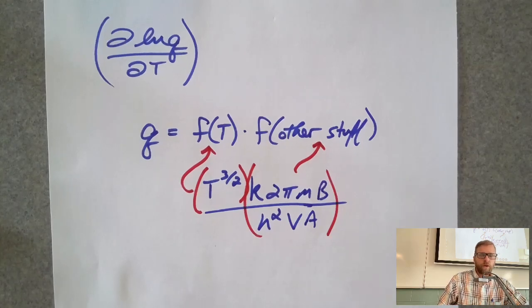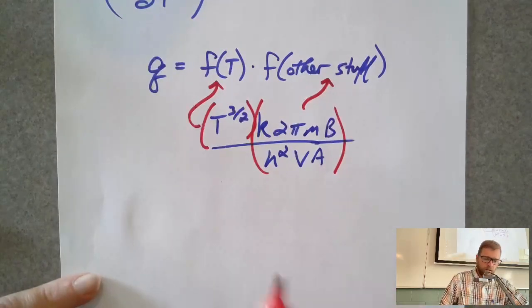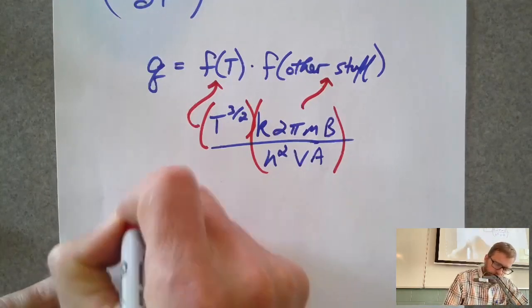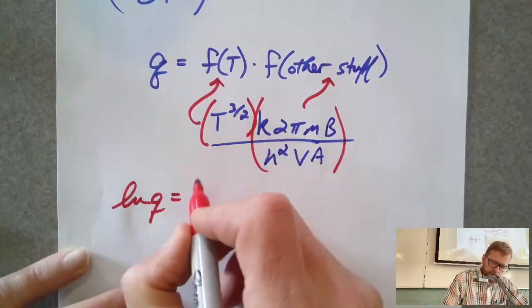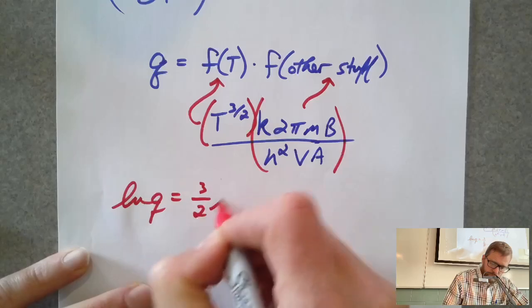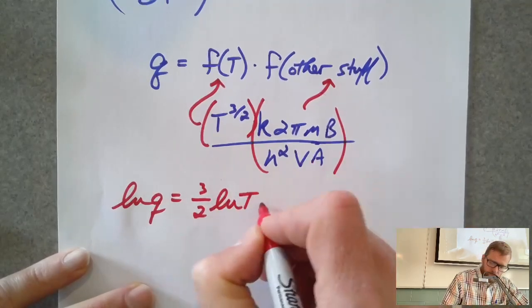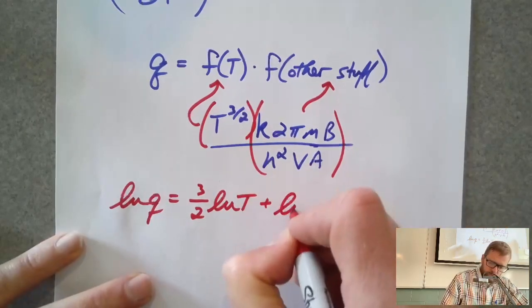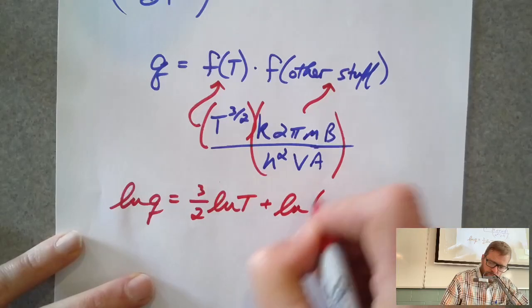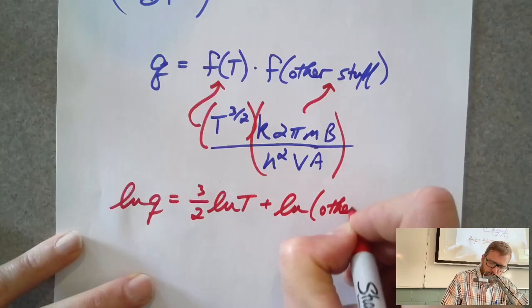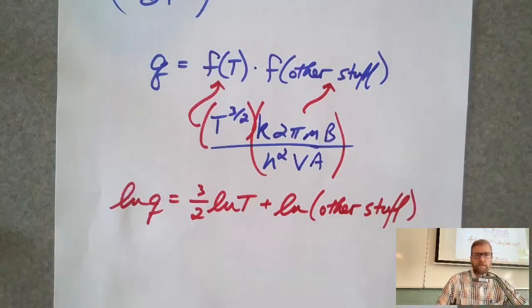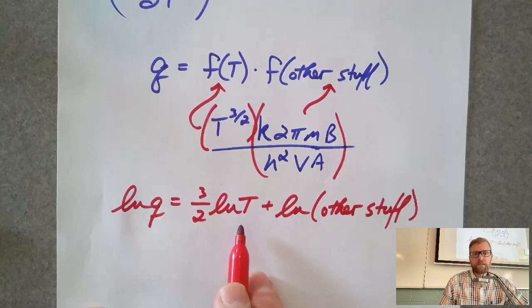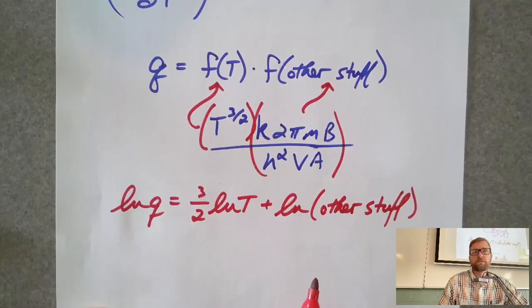So whenever you take the natural log of q, you get three halves ln of t plus ln of other stuff.